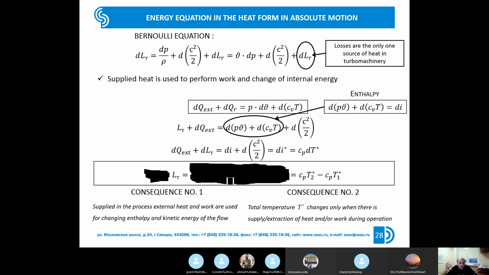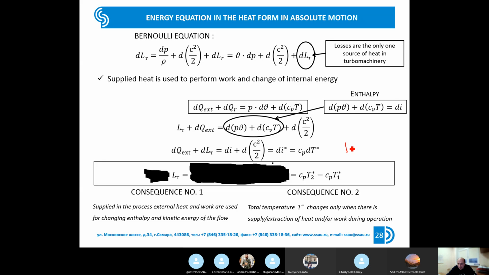And when we are supplying mechanical work, when we have physical motion, it means the total temperature will be changed only in the elements which are moving. And in turbomachinery, we have moving only in the rotor wheel. In other words, total temperature will be changed only in the rotor wheel.